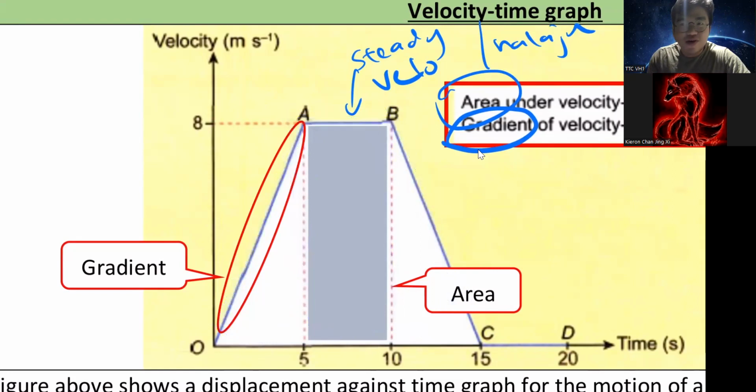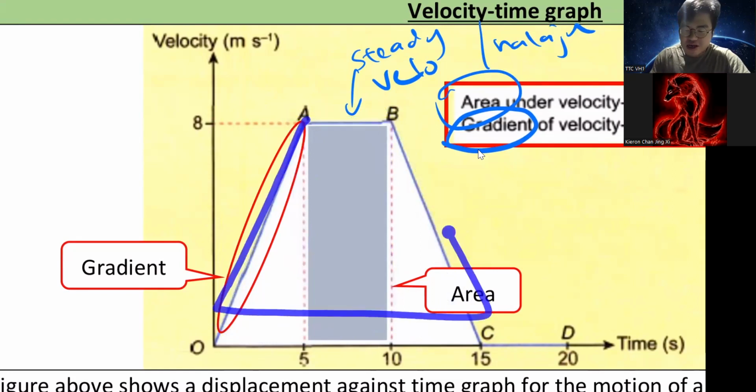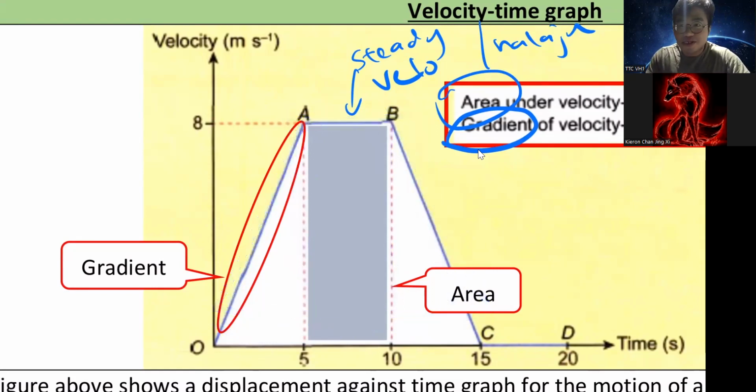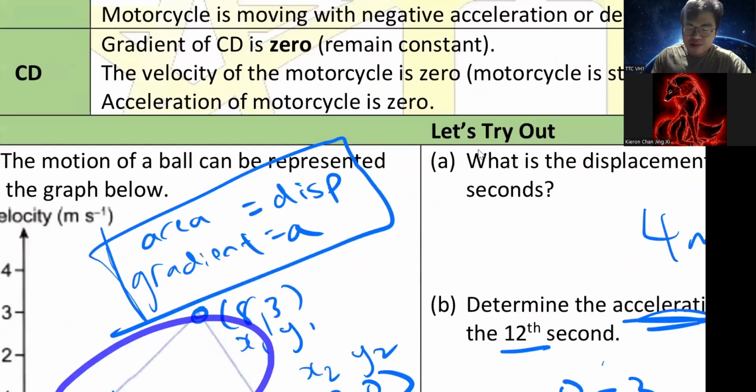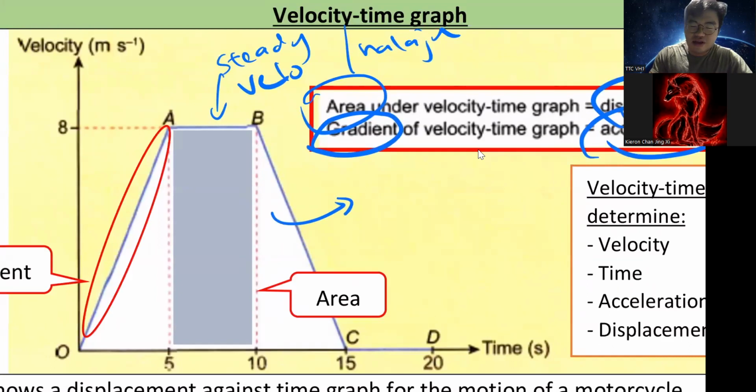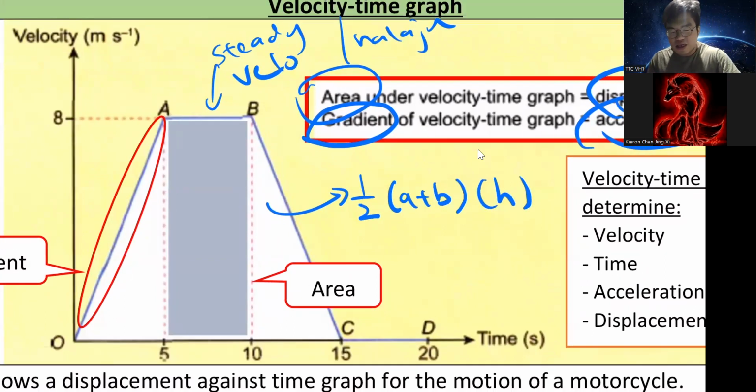The smart way, if you remember, this thing is called a trapezium. No, you cannot times two in the middle. If you remember, this is called a trapezium. So for the formula for trapezium, the first question is not a trapezium, but if this is a trapezium, the formula is 1 over 2 times (a plus b) times height.